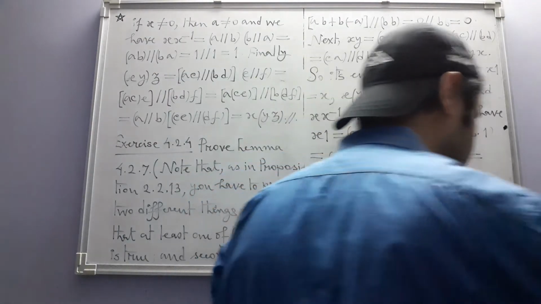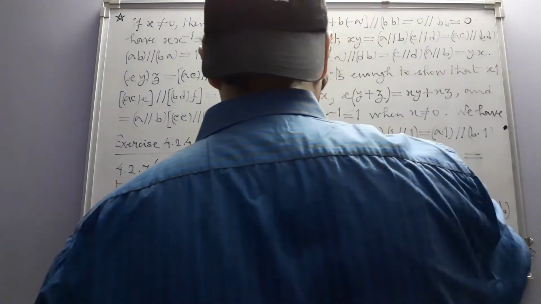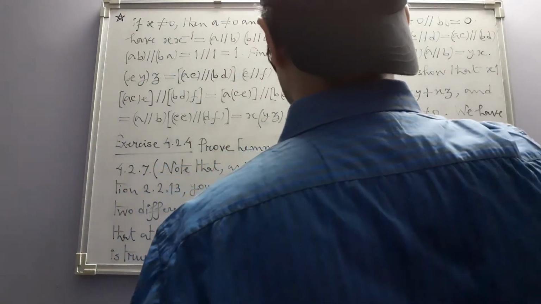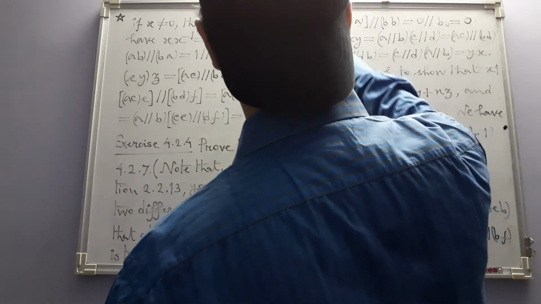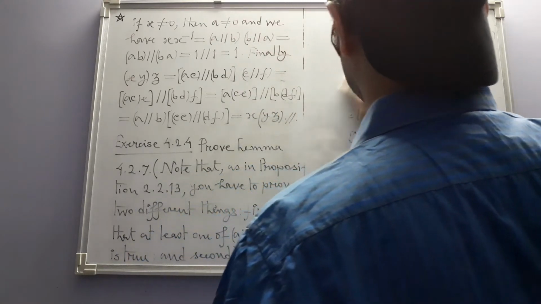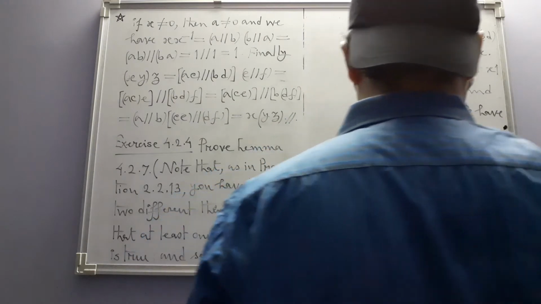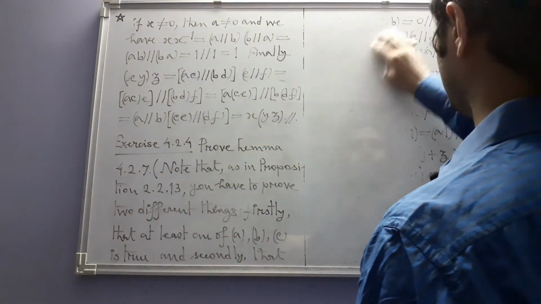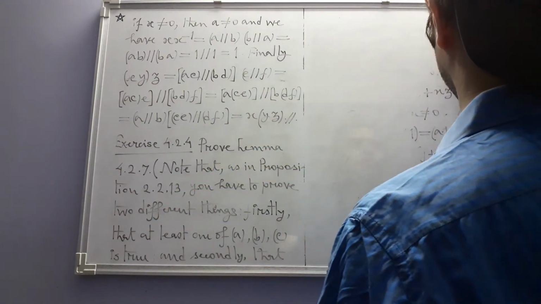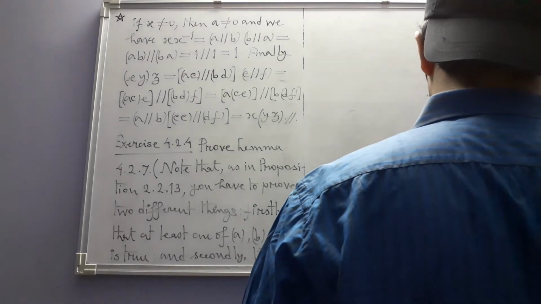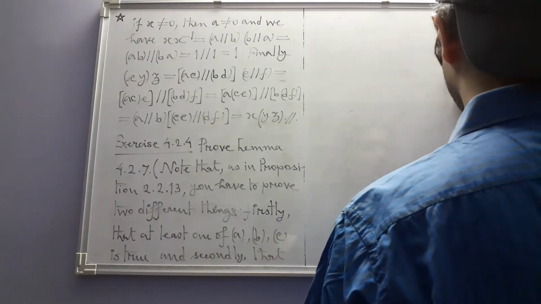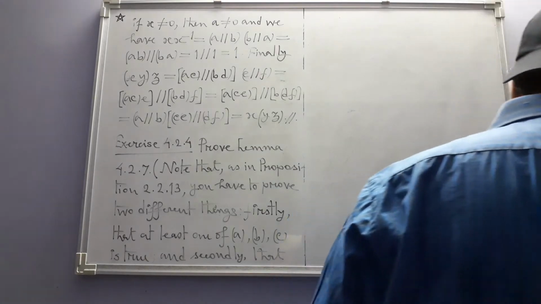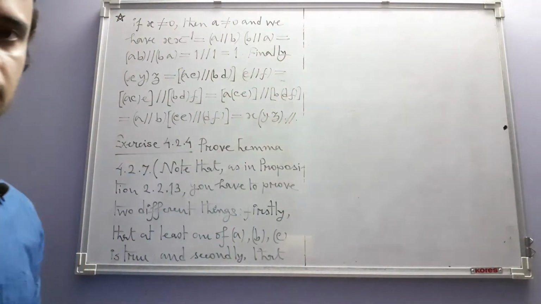Okay, now I remember what this is. It's the trichotomy of integers, rational numbers. That every rational number is exactly either positive or 0 or negative.